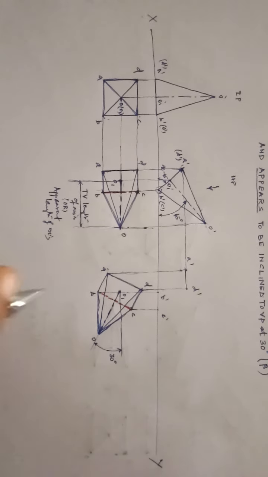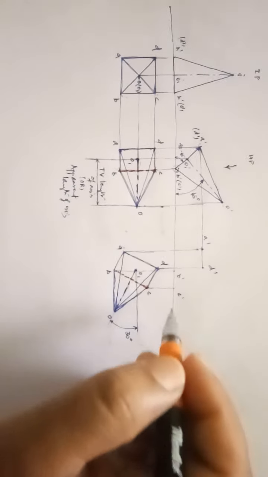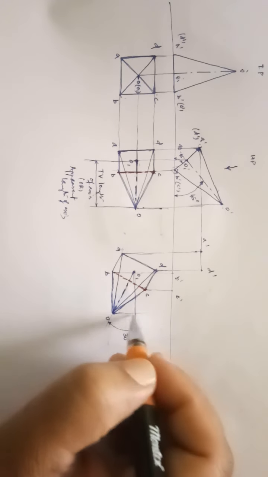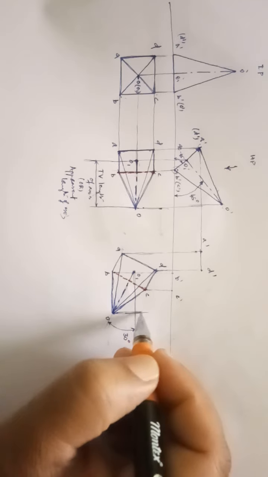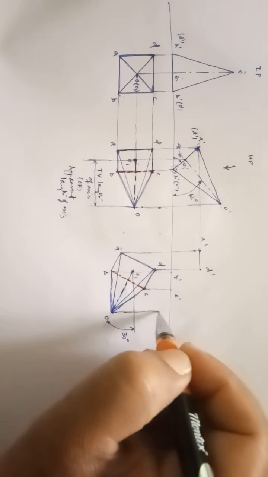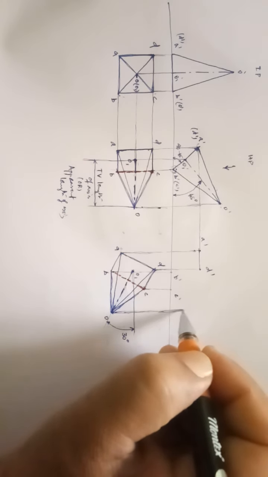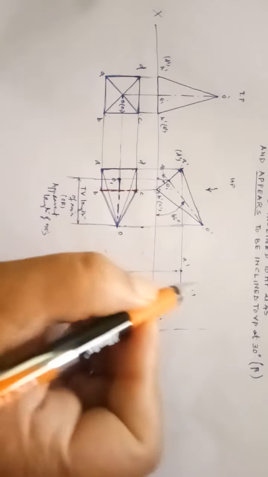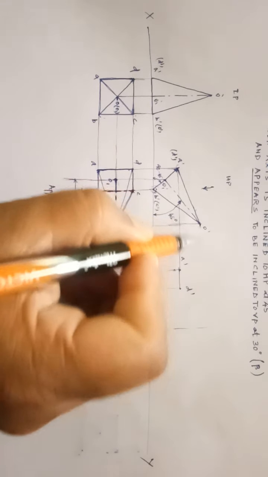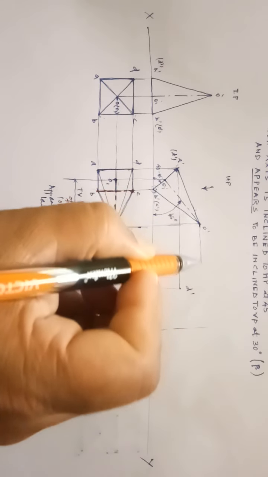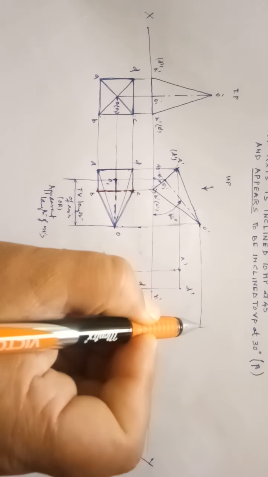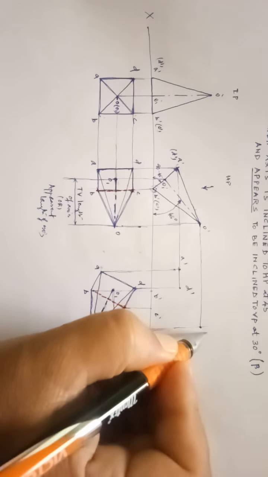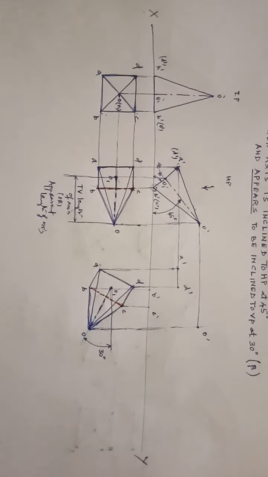Now I have to project the apex. Okay, so from O, draw the vertical projector. And from the previous front view, draw the horizontal projector. The point at which it meets, this will be O dash.